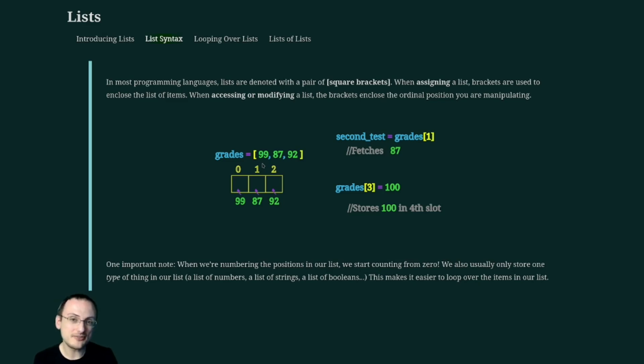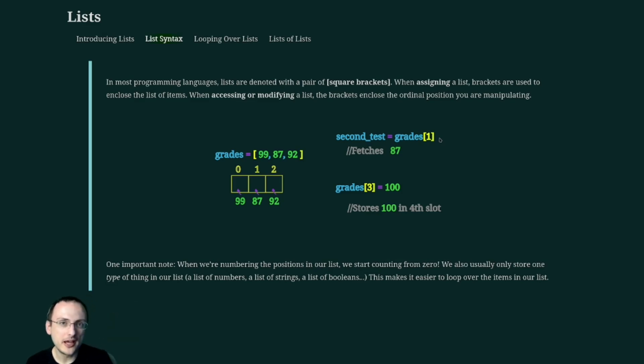If you have a list of numbers, those numbers should all mean the same thing. If you've got a list of strings, say the names of the students in the class, then everything in that list will be a string. You don't want to mix and match the items of your list. And that is because you might not always know which item you're talking about when you write a piece of code. Here in our examples, we've got simple examples where I say grades at index 1, square brackets 1.